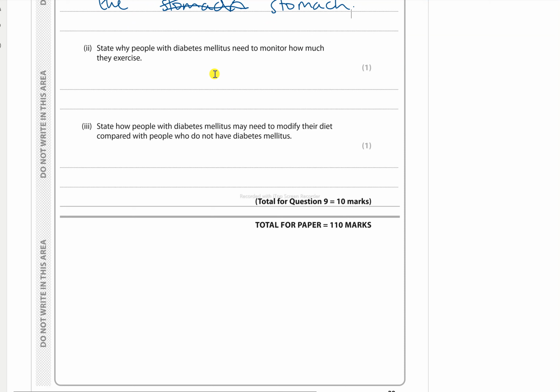Right. Say why people with diabetes need to monitor how much exercise they do. Because exercise uses glucose. So it will reduce glucose levels in the blood.